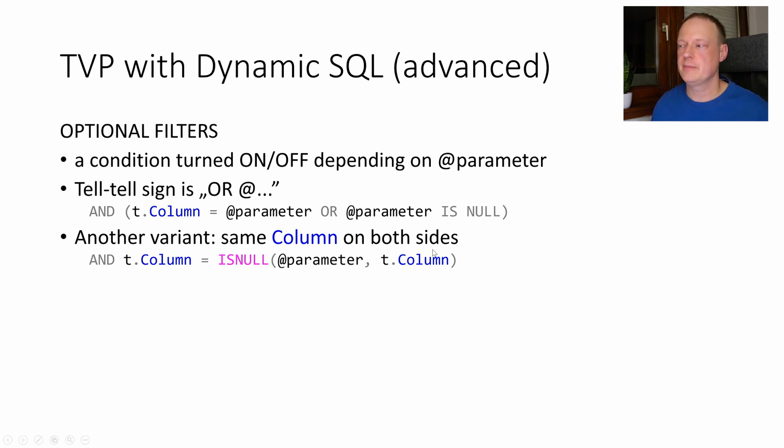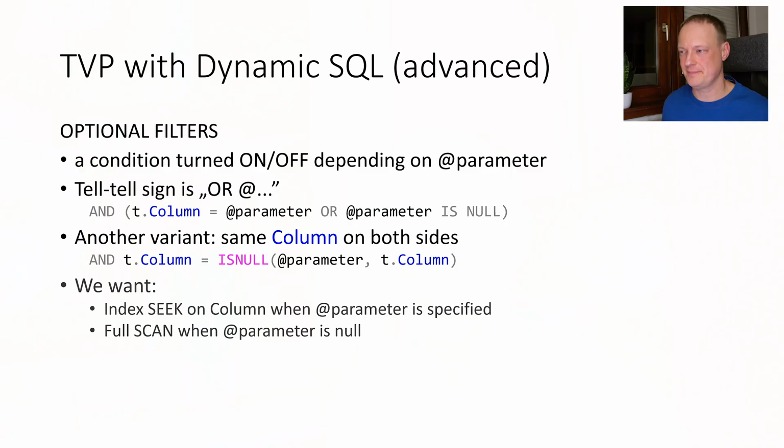You see the column on both sides of equality or inequality. And what it does is basically the same. If this parameter is not specified, you get column equals column, that means all rows. And if this parameter is specified with some value, then it will give you only the rows that satisfy column equals that value. That's what you want.